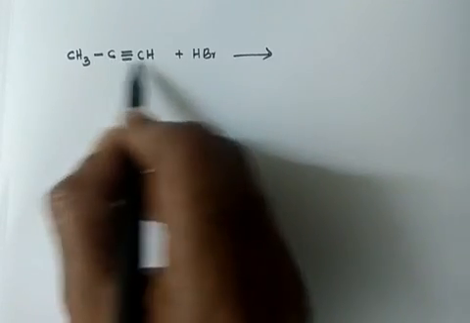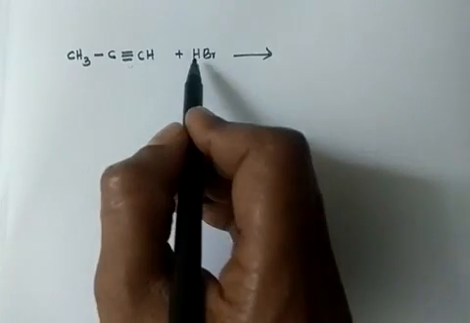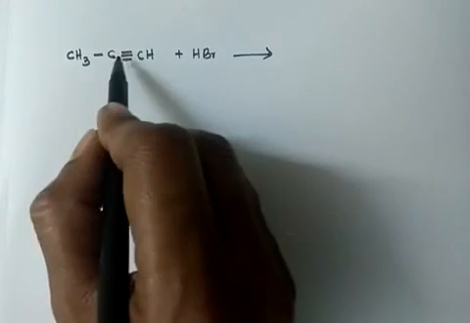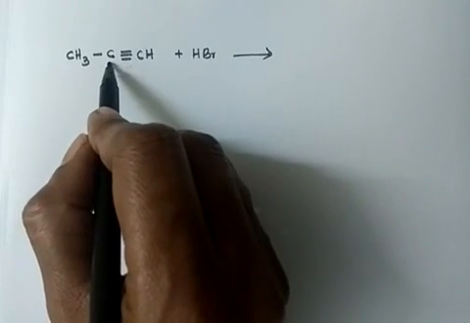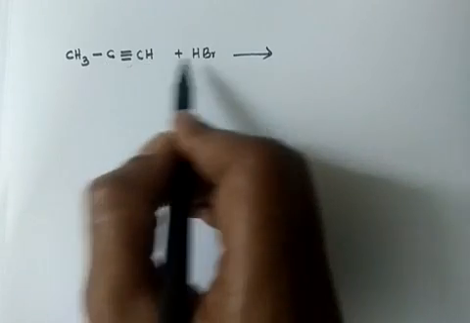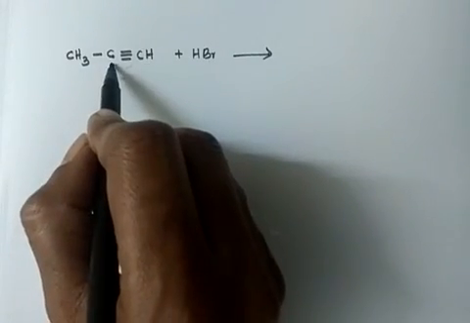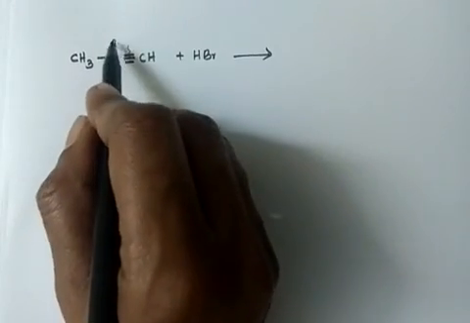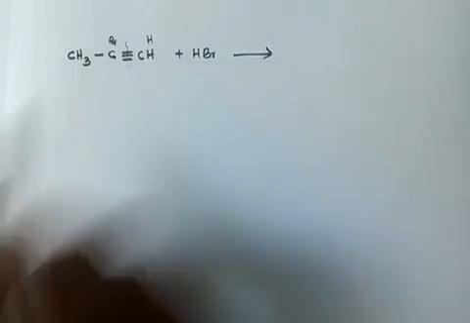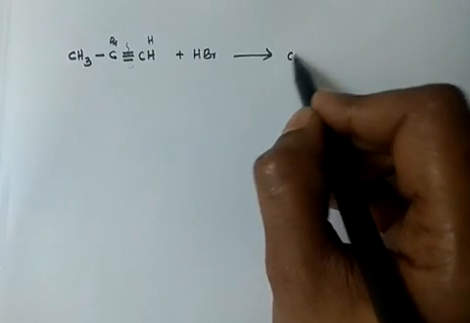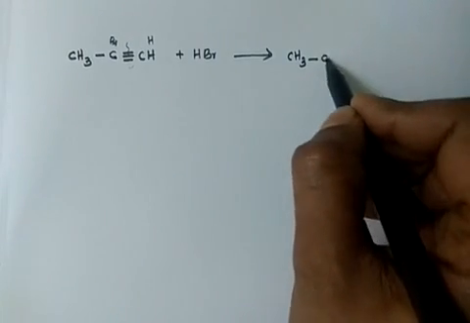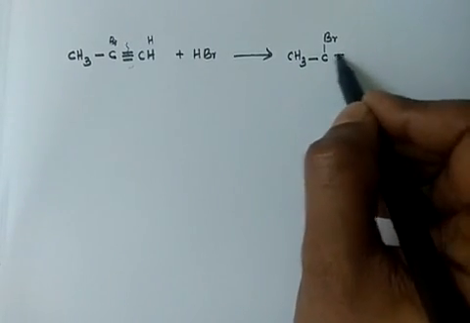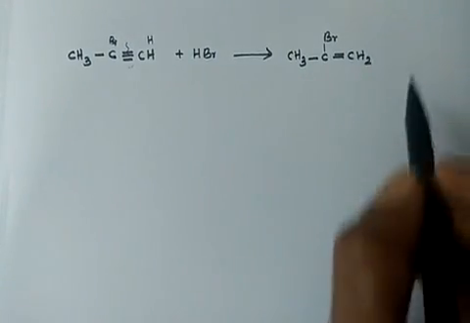The negative part has to go to the carbon which contains the lesser number of hydrogens. So which position will this Br go? Here. HBr is added to the triple bond, Br goes to this position and hydrogen goes to this. So what will be formed here? CH3 single bond CBr double bond CH2.